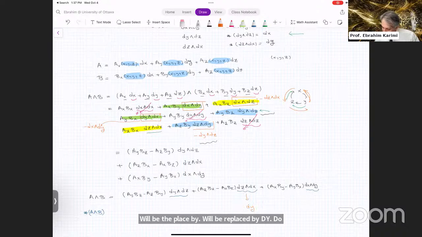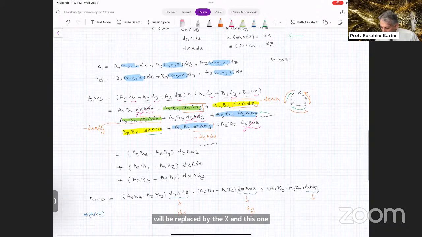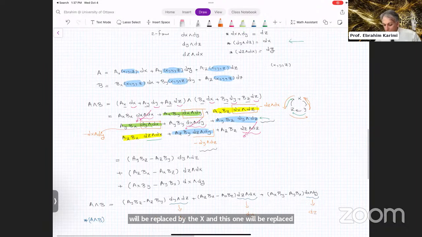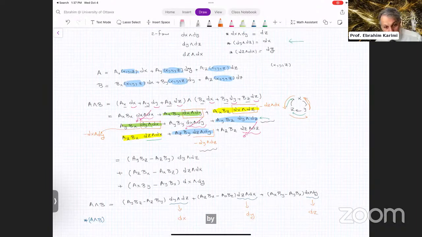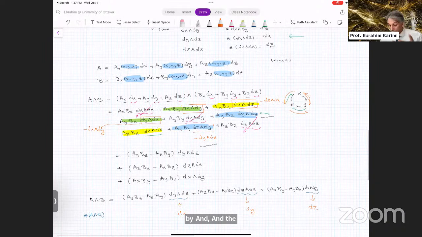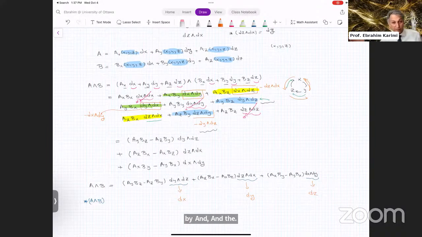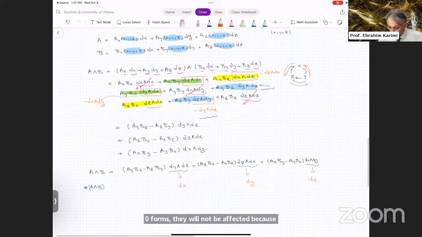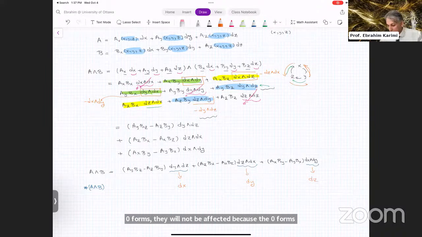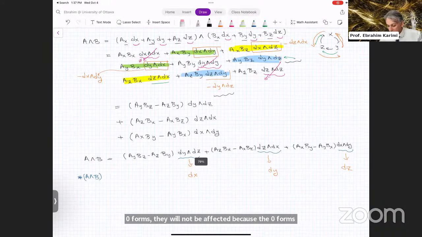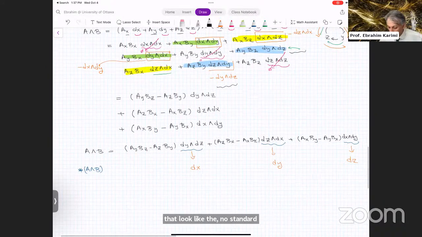Dy dz will be replaced by dx, and this one will be replaced by dz, and the zero forms will not be affected because they look like standard functions, so they are not differential forms.